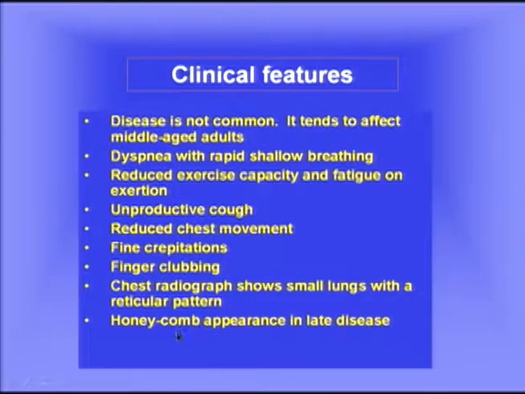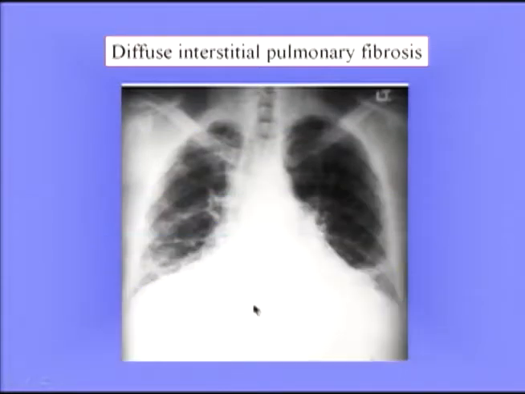Later in the disease, there may be a honeycomb appearance, as we'll see in a moment. Here's a radiograph of diffuse interstitial pulmonary fibrosis. The lungs are small, as you can see. The diaphragms have been pulled up somewhat. The chest on this side particularly seems to be pulled in. The ribs are rather oblique. And you've got clear changes in the lung fields. You've got some shadowing here, which is quite obvious.